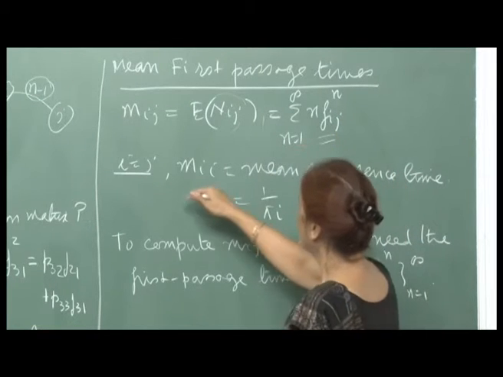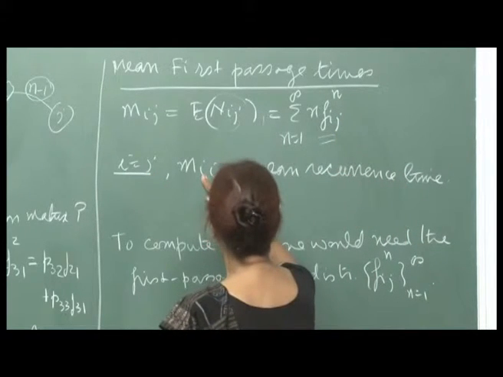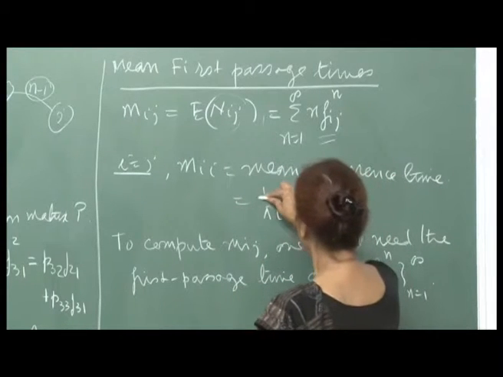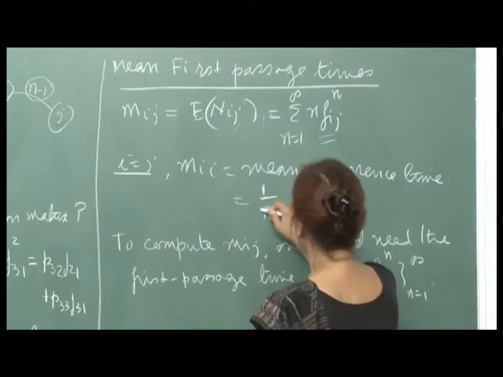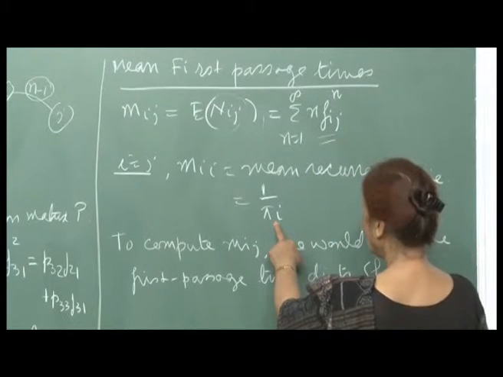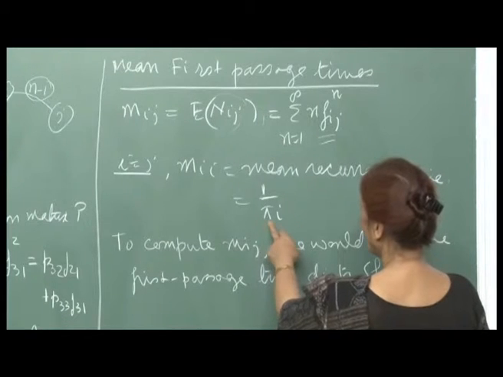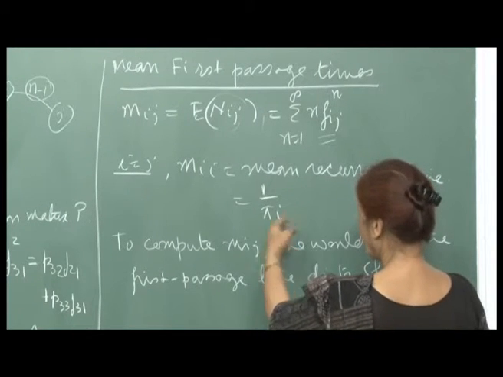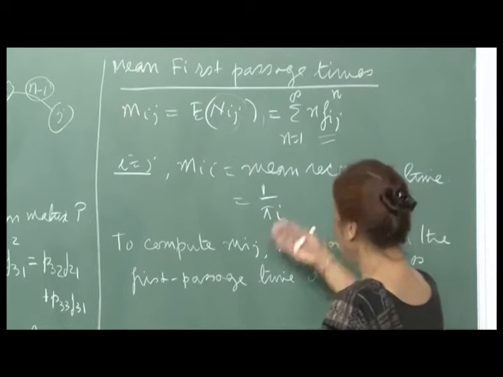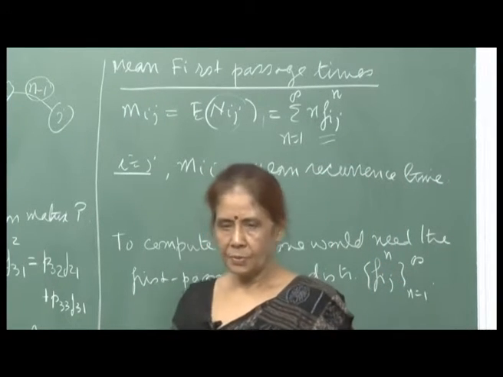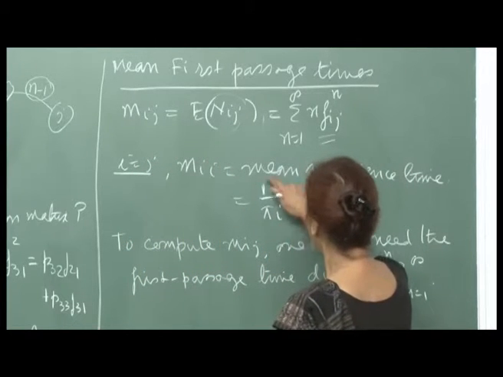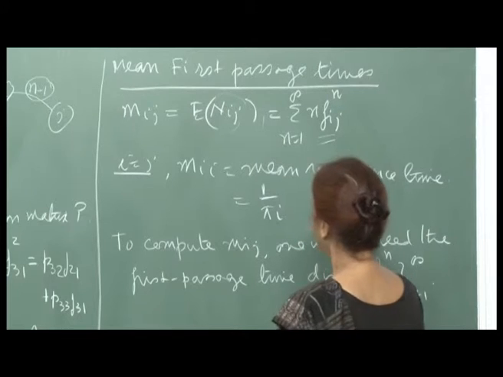And when you put i equal to j, then it will be m_ii, which is the mean recurrence time, and this we have said is equal to 1 by pi_i. The steady state probability is the proportion of time being in state i over the long run. So, 1 by pi_i would be the mean recurrence time, the time required on the average for reaching from i to i.